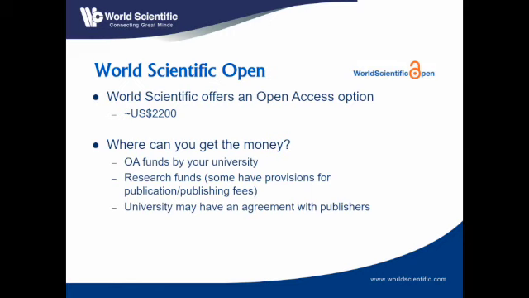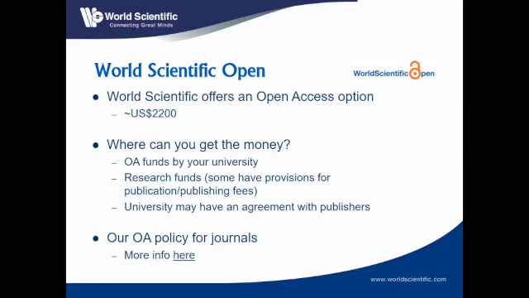Also, the university may have an agreement with publishers. For example, our company has an agreement with Birmingham University and some other universities, where we have a special rate for their staff when they want to publish with us under open access.